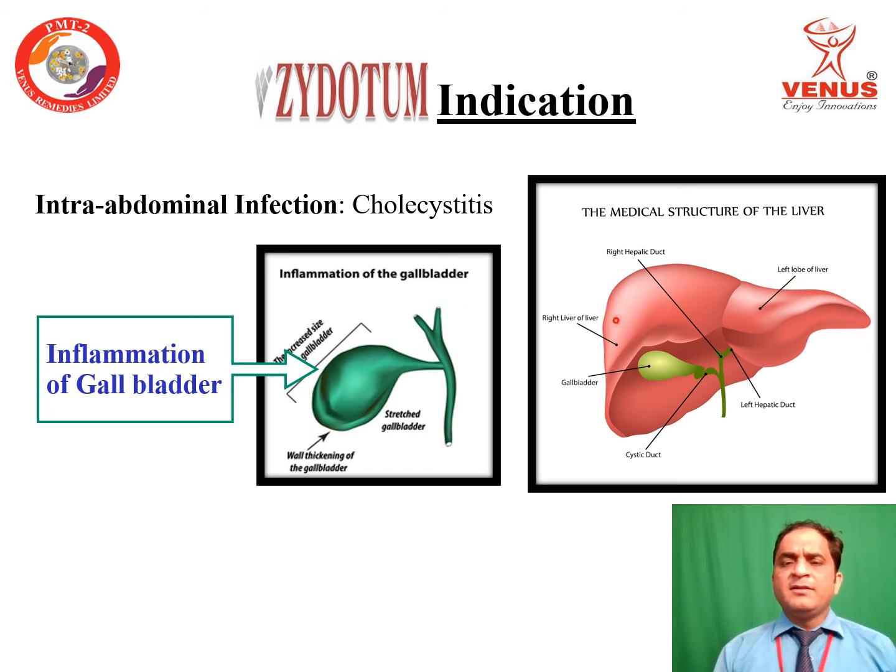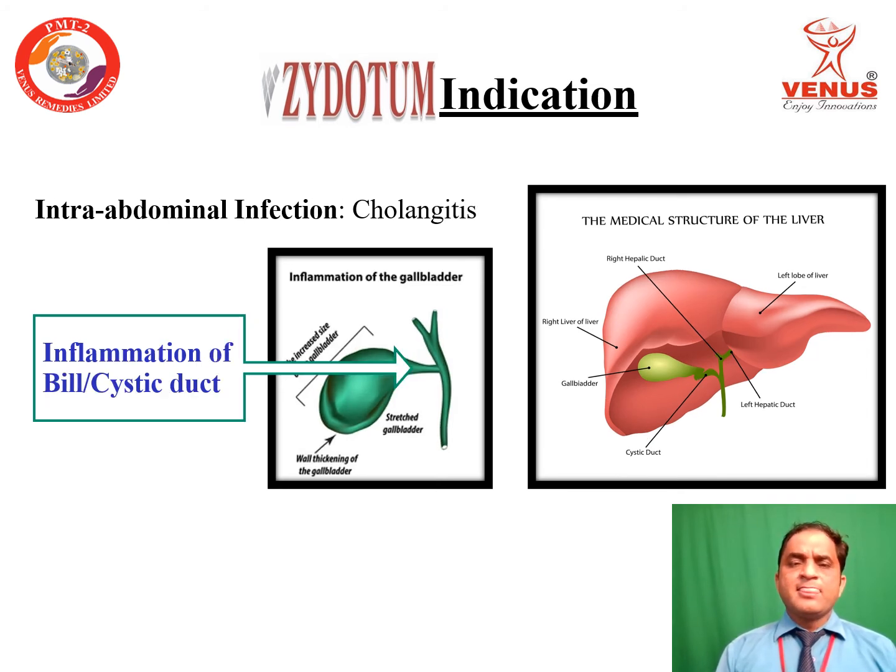This is the liver, this is the gallbladder, and this is the bile duct. In cholecystitis, the gallbladder has inflammation, or we can say inflammation of the gallbladder is known as cholecystitis. Then cholangitis. Cholangitis means inflammation of the bile duct or cystic duct.